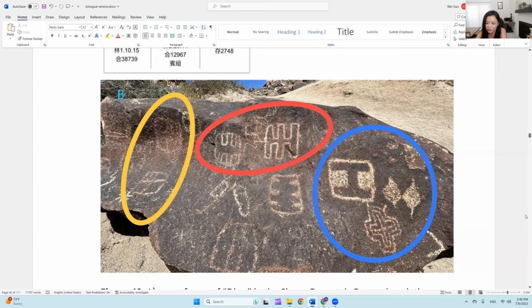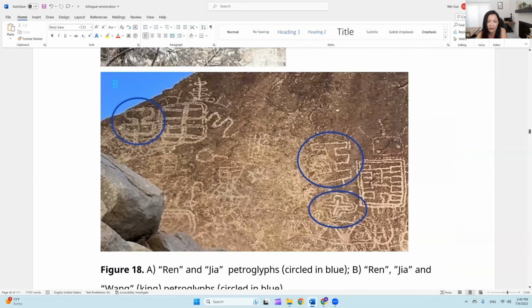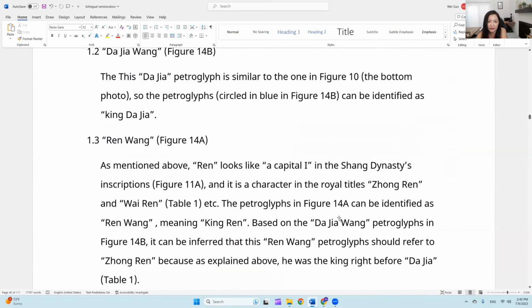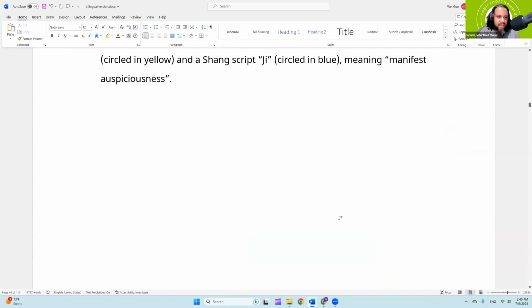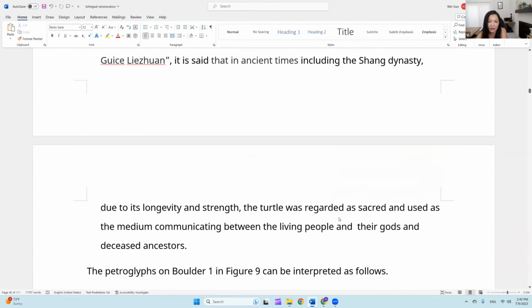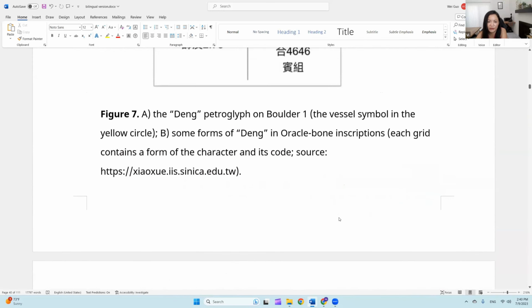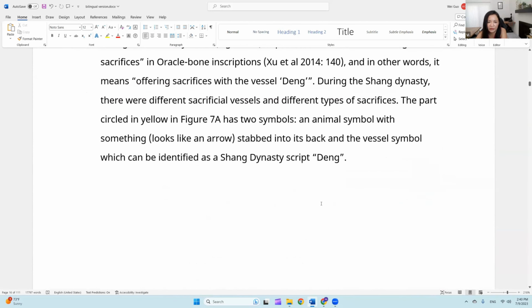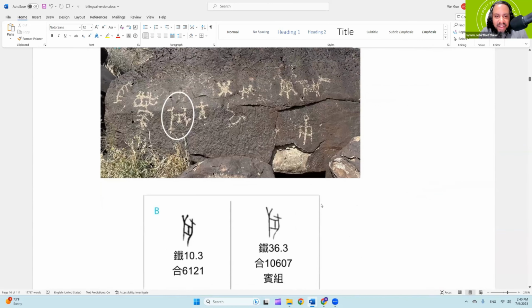Let's go back to table 1 to go back to the Sun King's lineage. There are a lot of details to explain. You can't put everything in a paper. No, you can't. It's hard. It's really hard. I already know that.